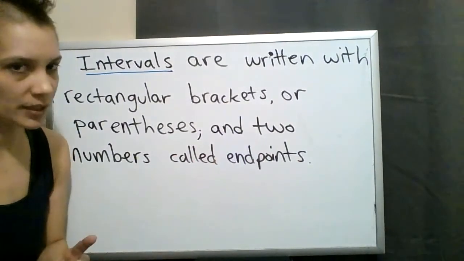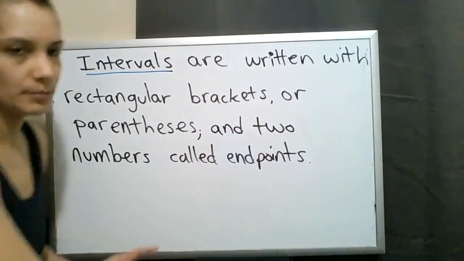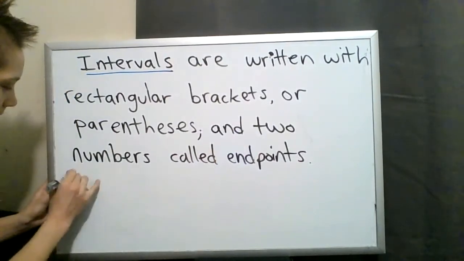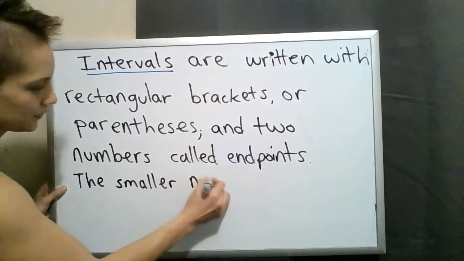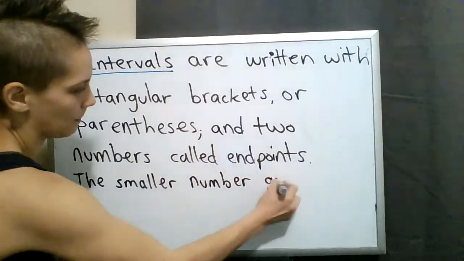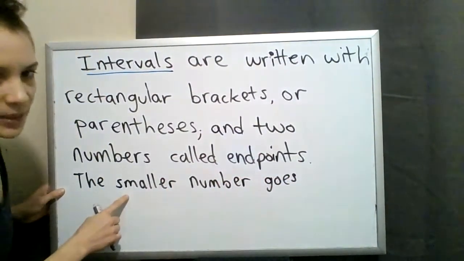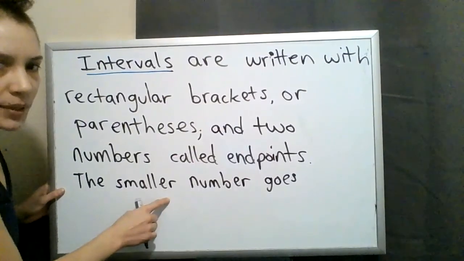The smaller endpoint goes on the left side of your interval. Sometimes that value is negative infinity, so it's technically not a number, but negative infinity would go on the left side because it's very small. The larger number, or if it's positive infinity, goes on the right. So the bigger value is on the right.